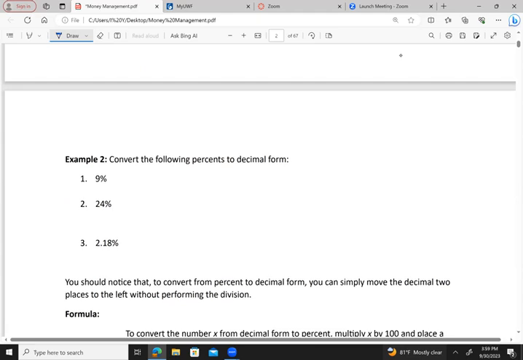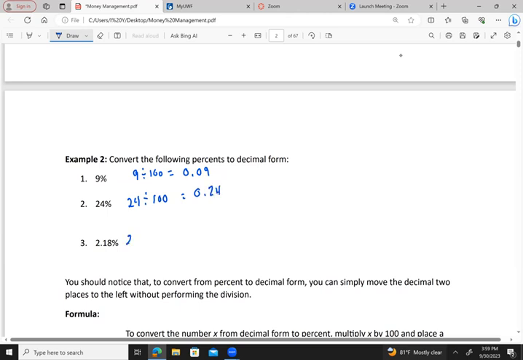So this is 9 divided by 100, which equals 0.09. This is 24 divided by 100, which equals 0.24.